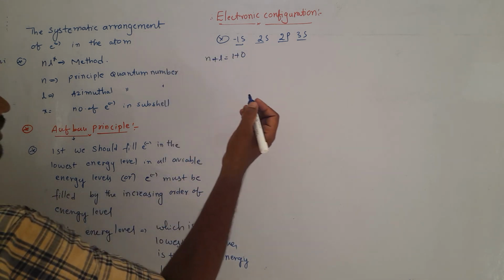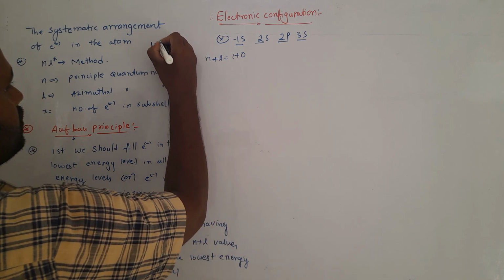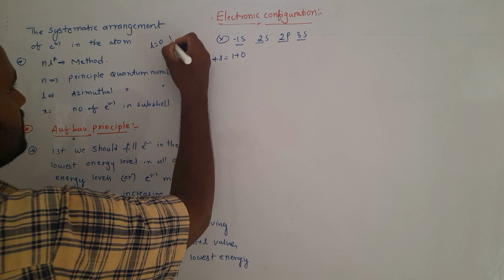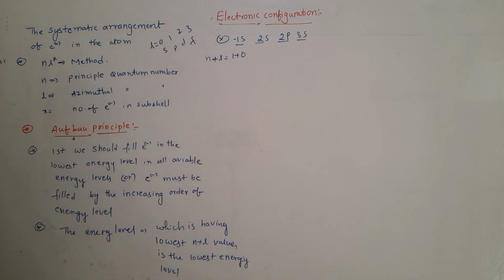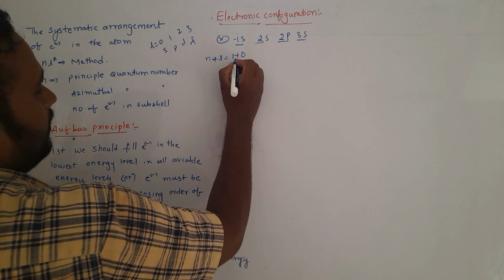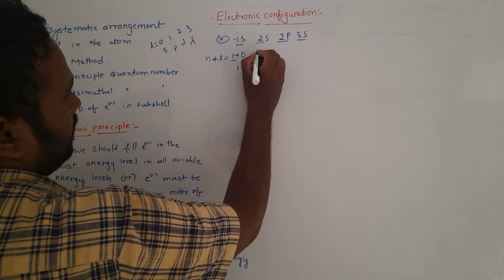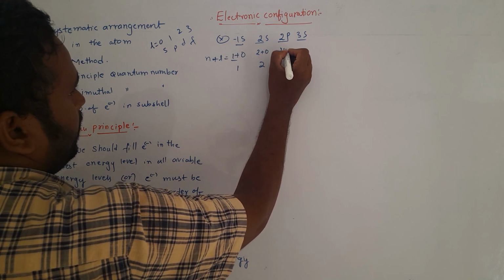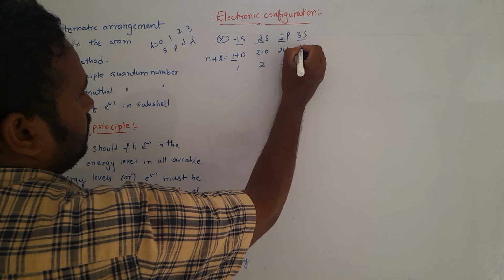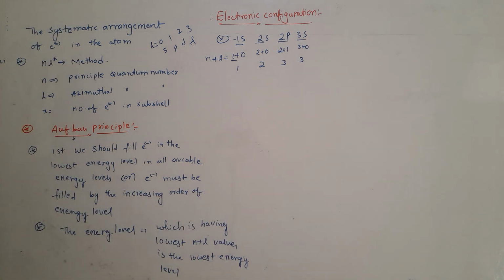Revising again, L equal to 0 is the s subshell, 1 is p subshell, 2 is d subshell, 3 is f subshell, and so on. So for 1s, n plus L is 1 plus 0, equal to 1. For 2s, 2 plus 0 equals 2. For 2p, 2 plus 1 equals 3. For 3s, 3 plus 0 equals 3.